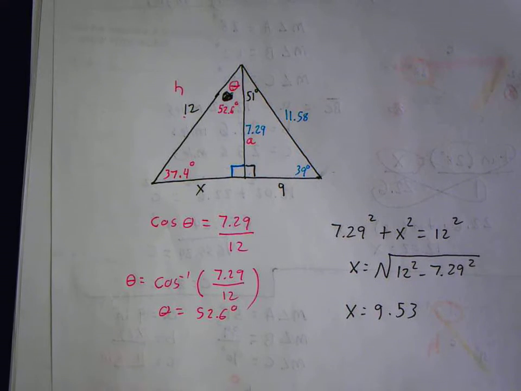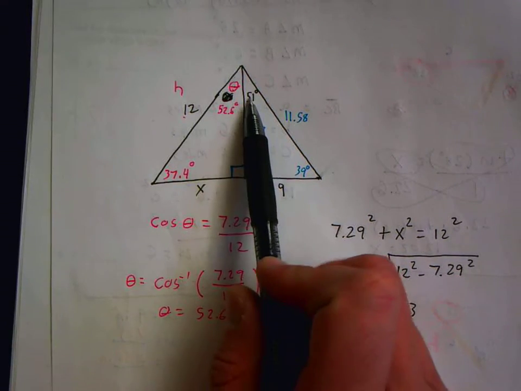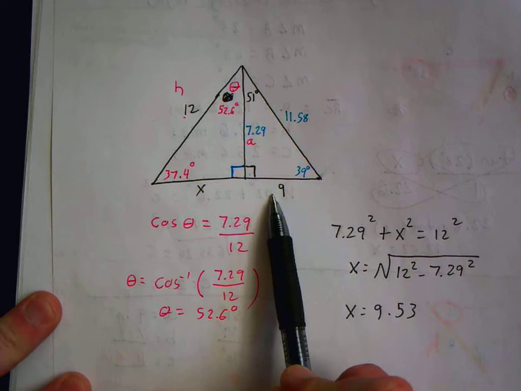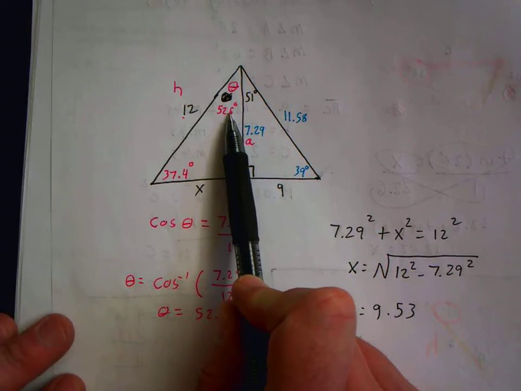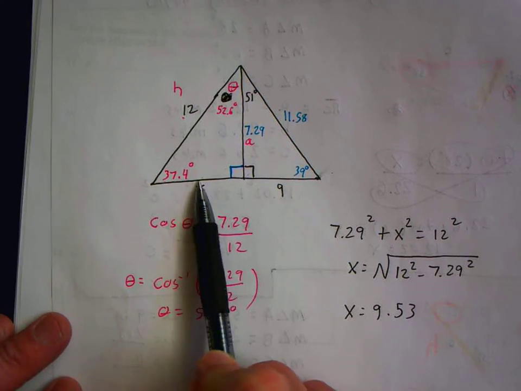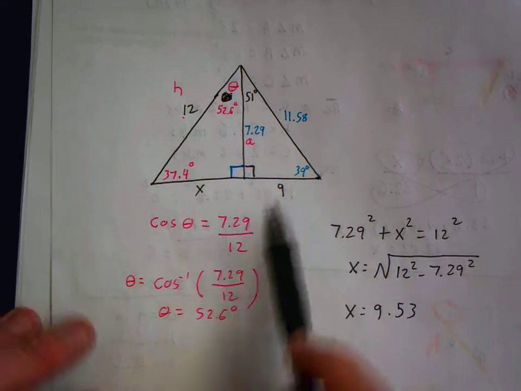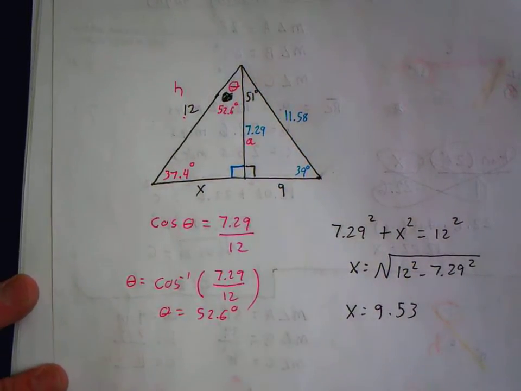And that makes sense to me because look at this. If this was 51 degrees, making a 9, and this is just slightly bigger, 52.6, you would expect this leg to be slightly bigger than that. And it is, 9.53. Okay?